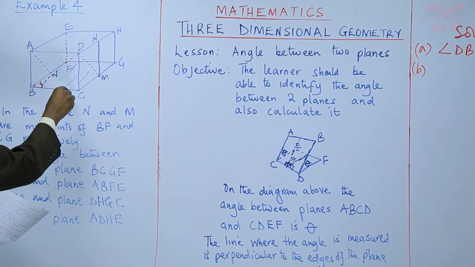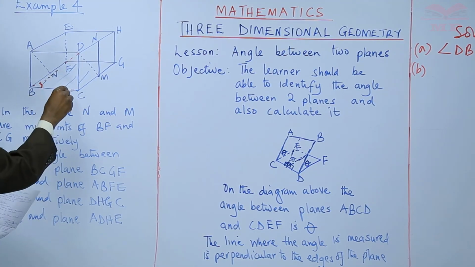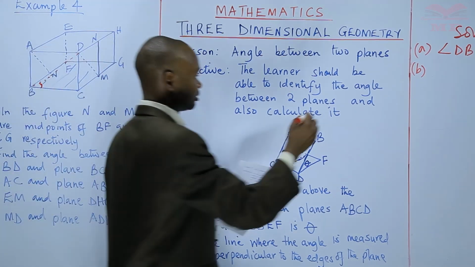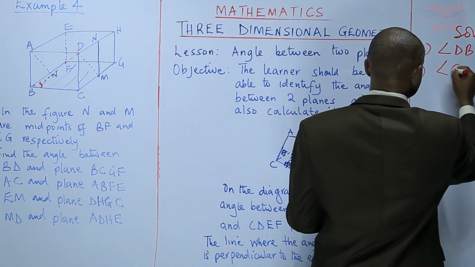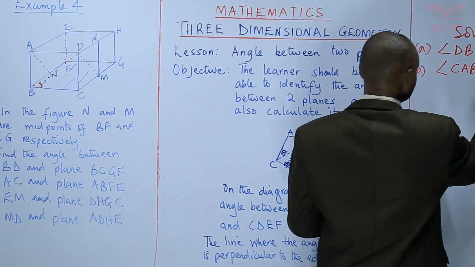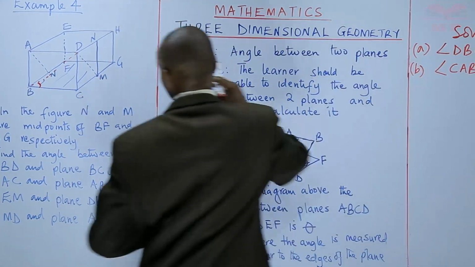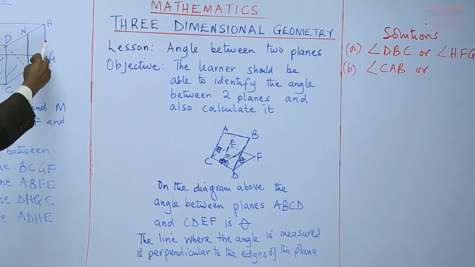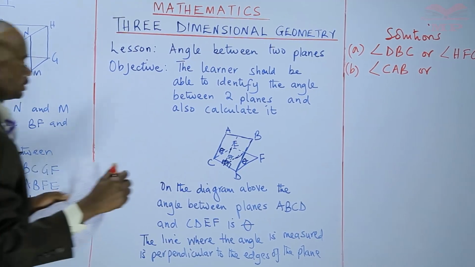You look at this angle and that plane. So you find it is angle CAB. Or it can be at this edge, the other angle, GEF.